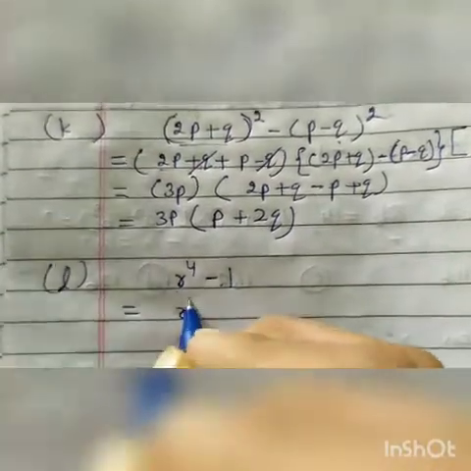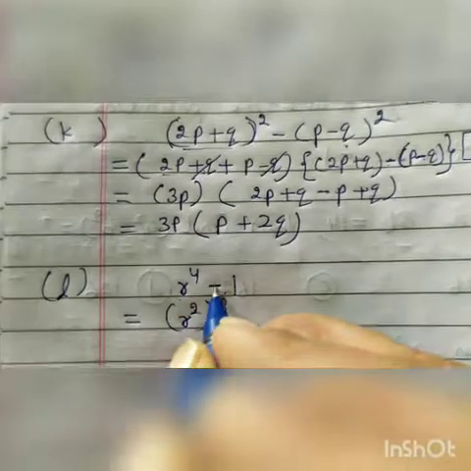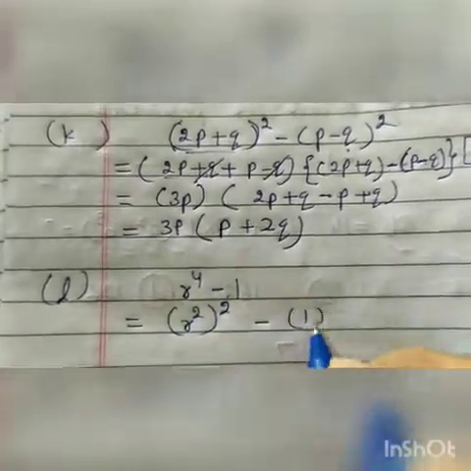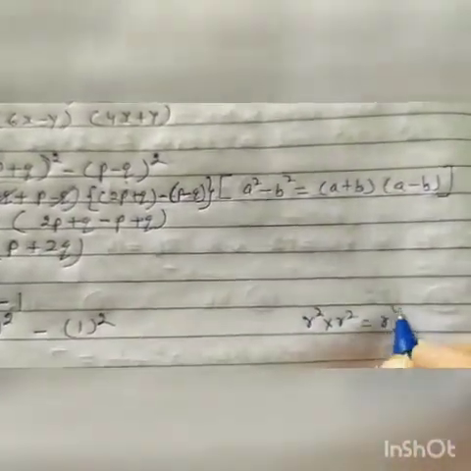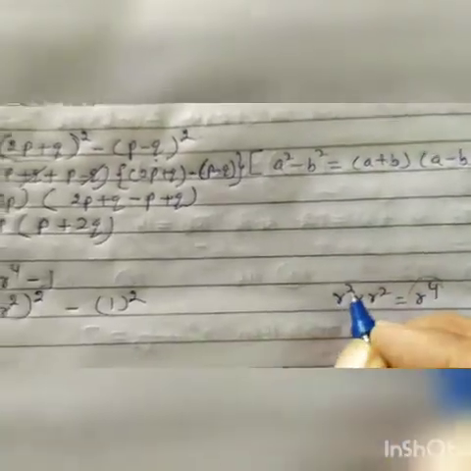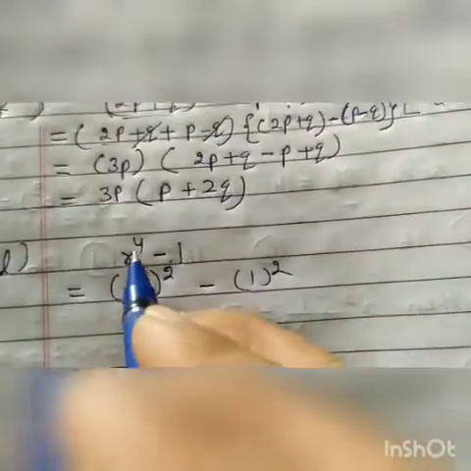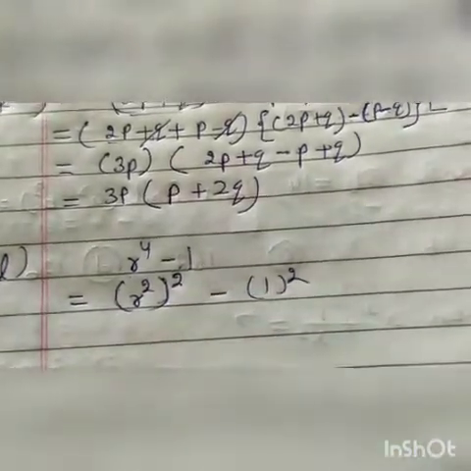R power 4 can be written as r square whole square, and this minus 1 can be written as 1 square. See here, r square multiply r square is equal to r power 4. It means this r power 4 is the square of r square. So we have written this r power 4 as r square whole square minus 1 square.